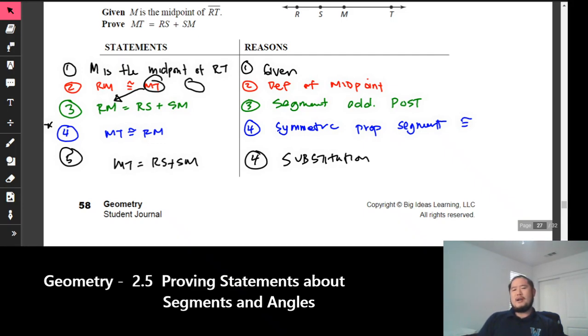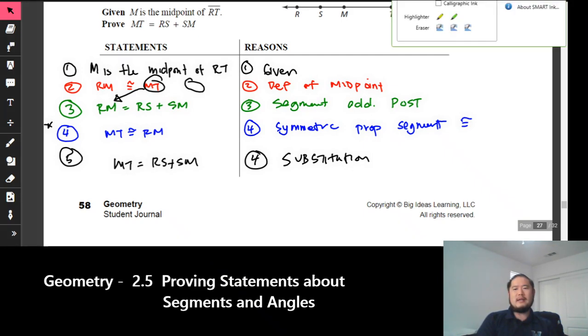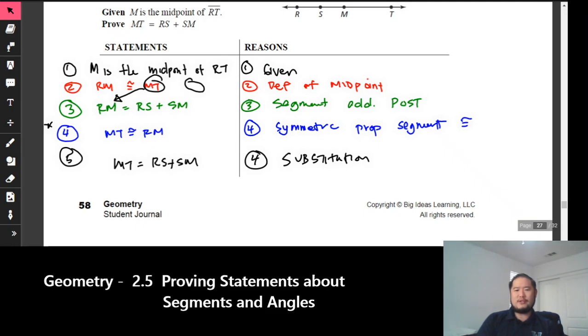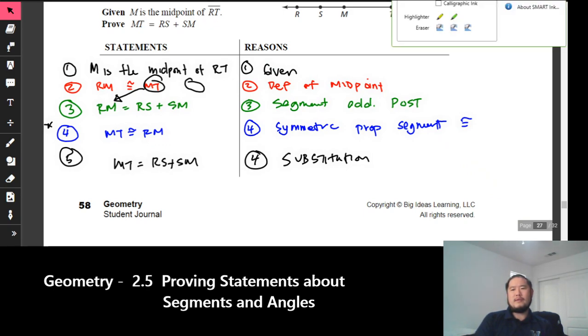And we could have already automatically solved this or have proven this problem. So number 4, for some reason, Big Ideas decide they want to add it. But I'd say that if you do, make sure you use the correct reason. But I think it could have been done without that added statement there. There you go. You now know how to do some proofs, and you're going to be doing it a lot the next few chapters.